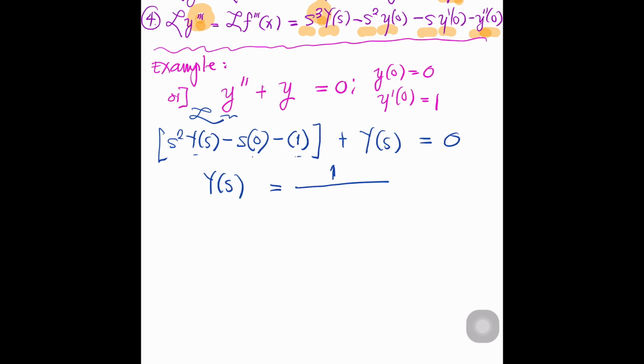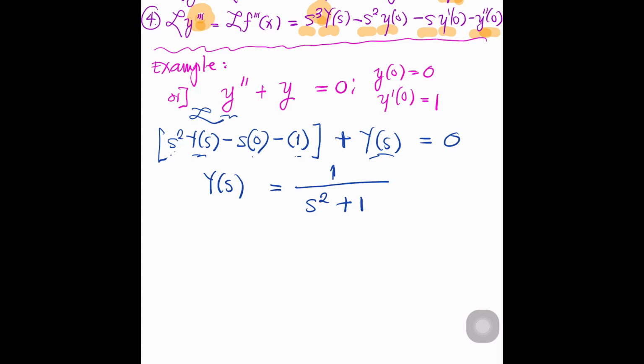The coefficient of y of s here is s squared plus 1, because the coefficient of y of s here is s squared, and then we're adding the coefficient of y of s, which is 1. So when we add, s squared plus 1. So therefore, we will be dividing by the coefficient of y of s to get y of s. So that is s squared plus 1.